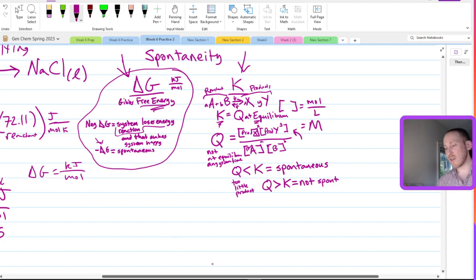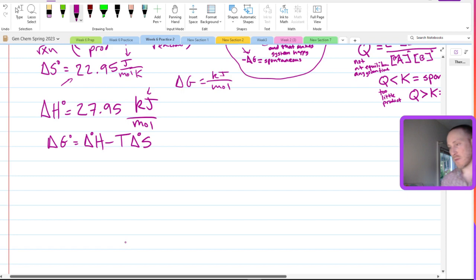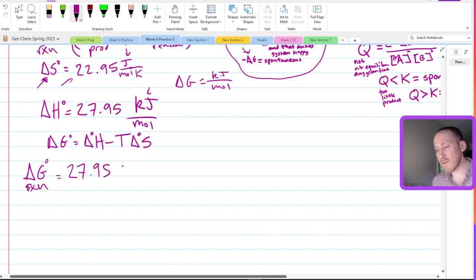If we have a positive delta G, that means the system would gain energy, and it doesn't want to happen. So we just have to solve for delta G, and now it should be easy because we already did this preliminary reaction for delta S. So delta G at standard conditions of our reaction is going to equal the given delta H in standard conditions, which is 27.95 kilojoules per mole.